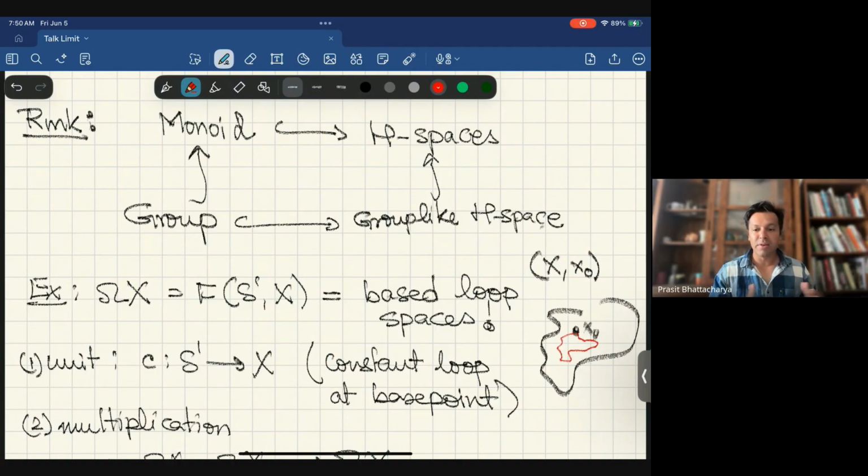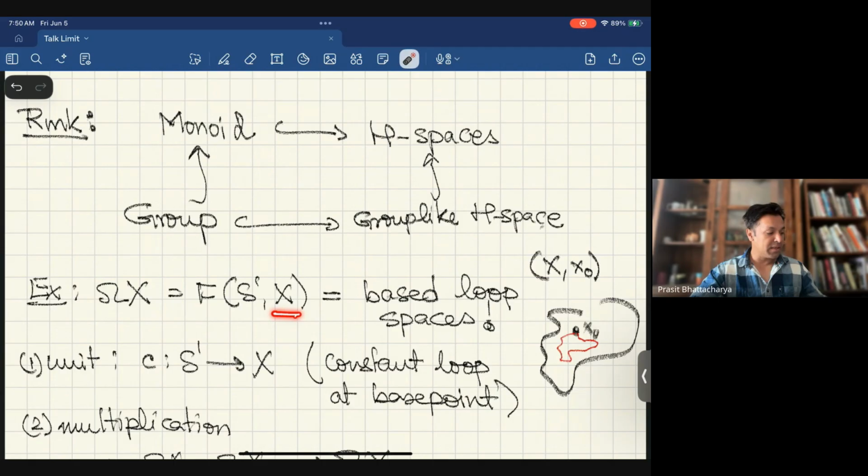If you collect all these functions from S1 into X, you can actually give this a topology. So this function set is not just a set, it's a space. It's a topological space with a designated open set derived out of open sets of S1 and open sets of X. The technical term is compact open topology. So for any function space, you can give some topology called the compact open topology, which makes it into a topological space.